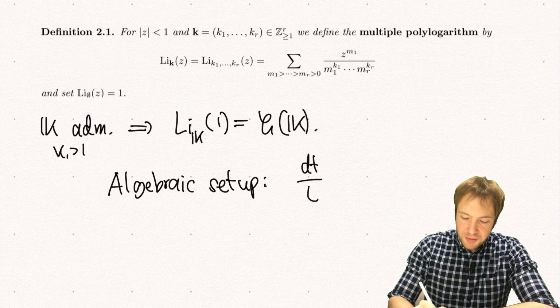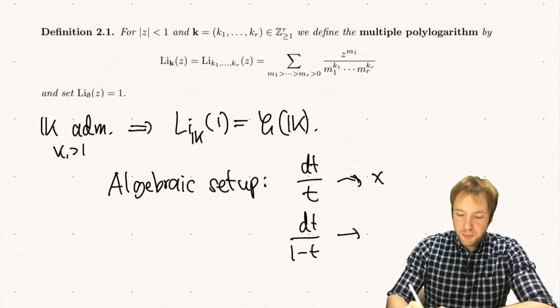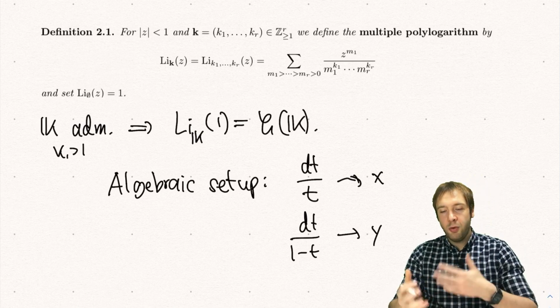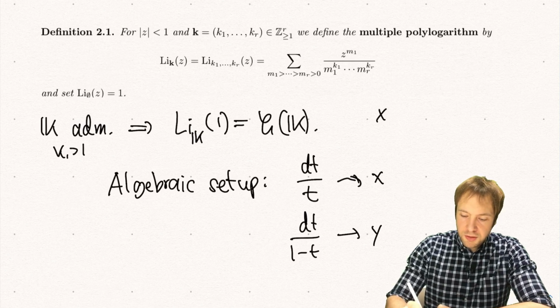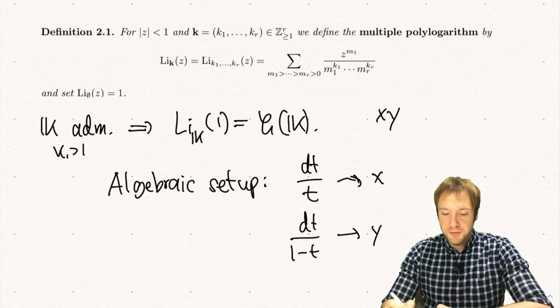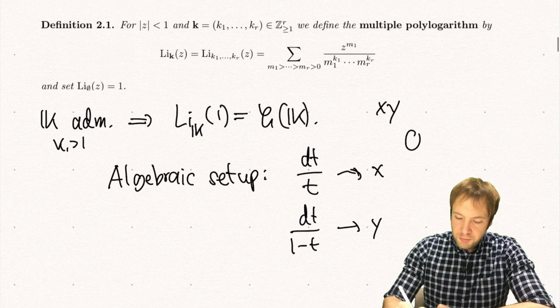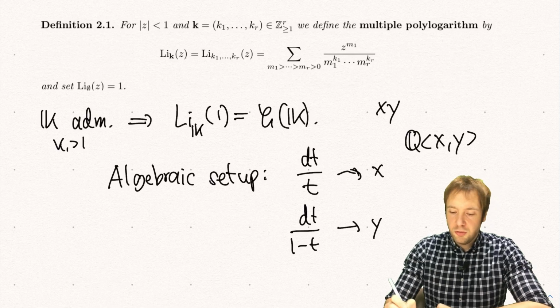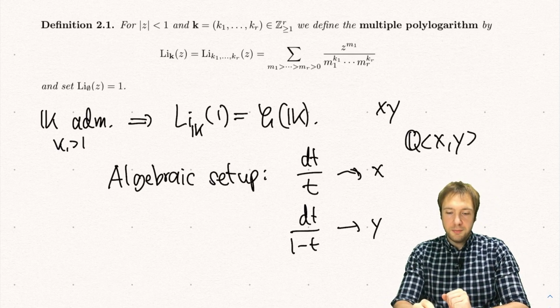So we have these two differential forms, and this one will correspond to a letter x, and the other one will correspond to a letter y, and then we will consider words in these two letters x and y. So for example, the integral we saw in the first example corresponds to the word xy, and we will deal with these things in this non-commutative polynomial ring Q<x,y>.